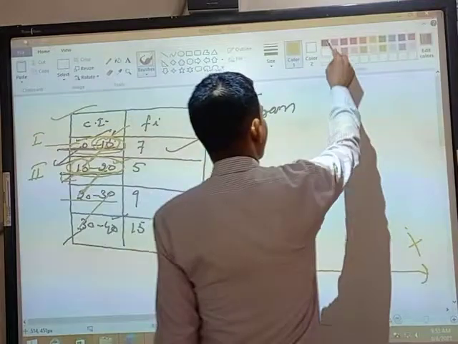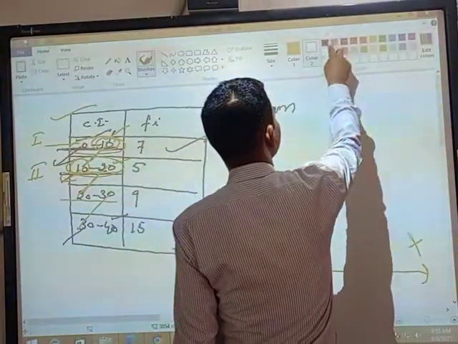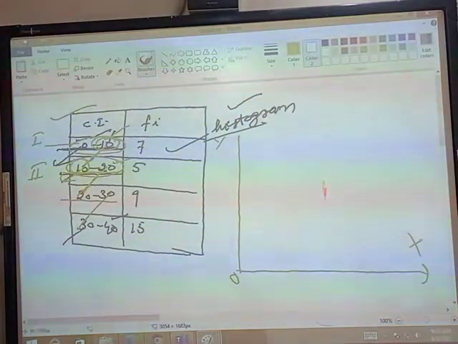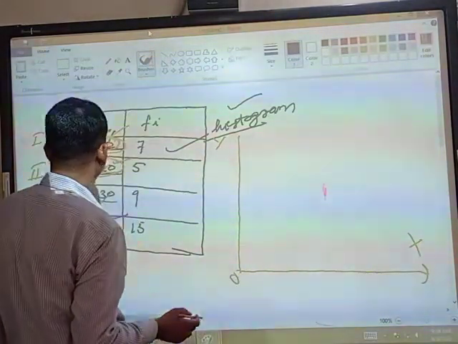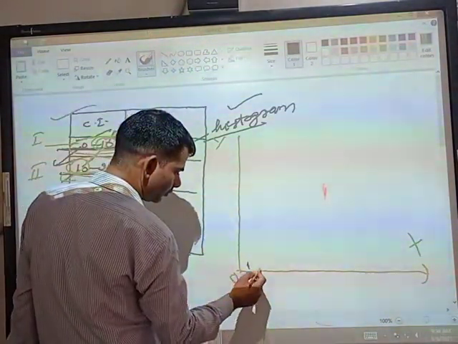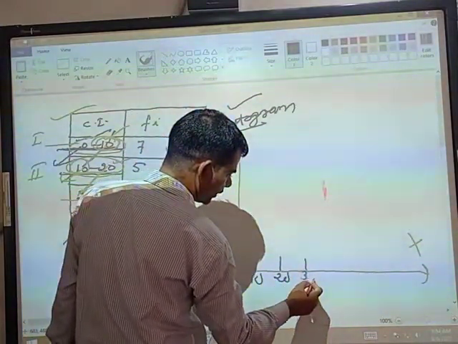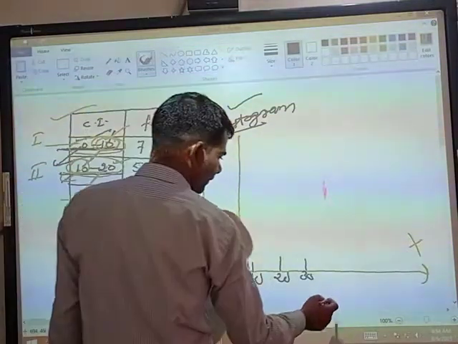Class intervals 0 to 10, 10 to 20, 20 to 30, 30 to 40.